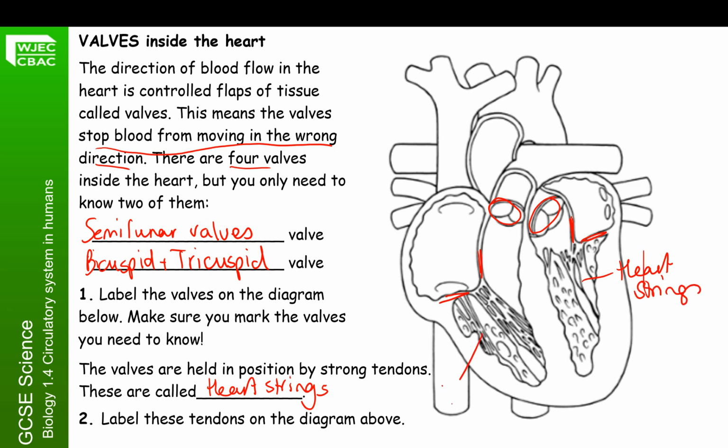And they basically stop the valves from turning inside out, because that would be a nightmare if these valves moved up in that way, because they would prevent the blood trying to get through into the ventricle. So, underneath, it says, label these tendons on the diagram above. Okay, we've done that one.